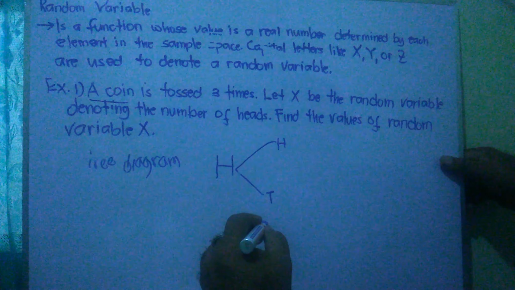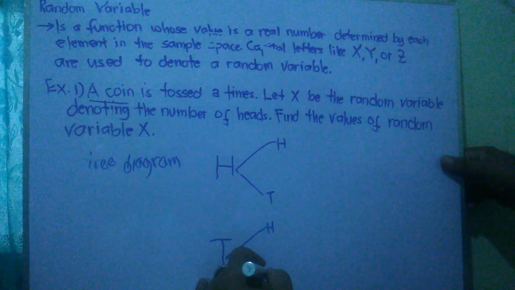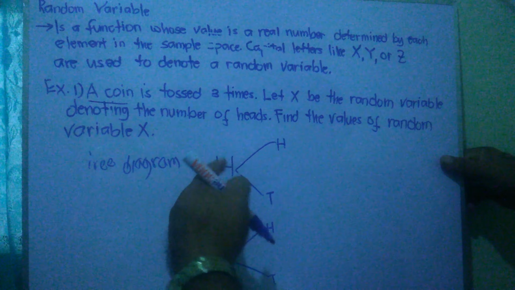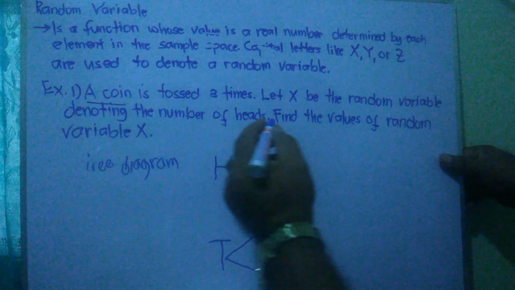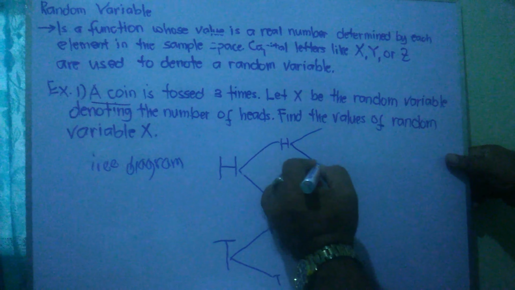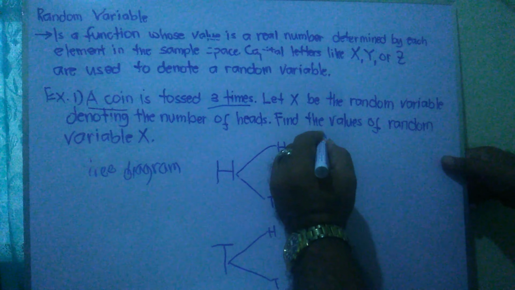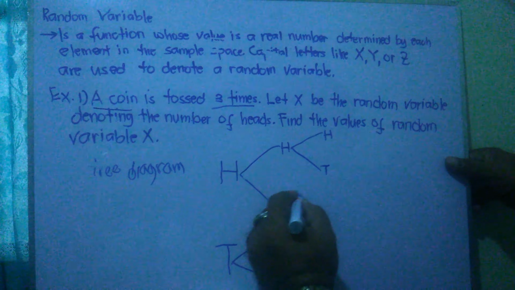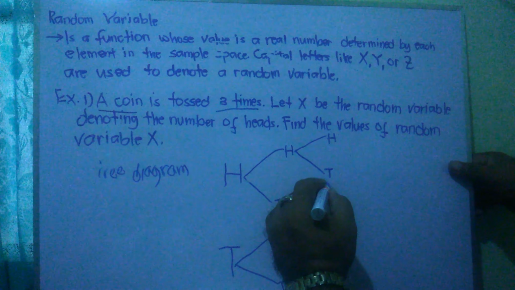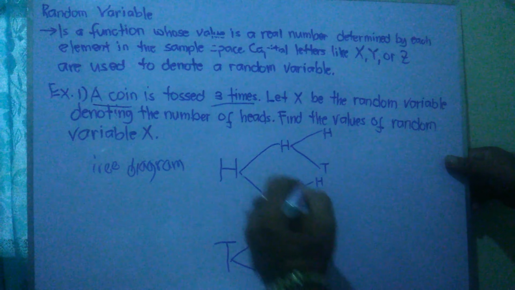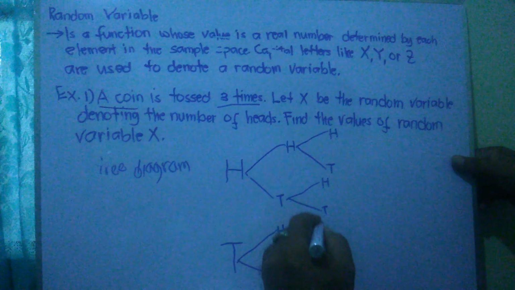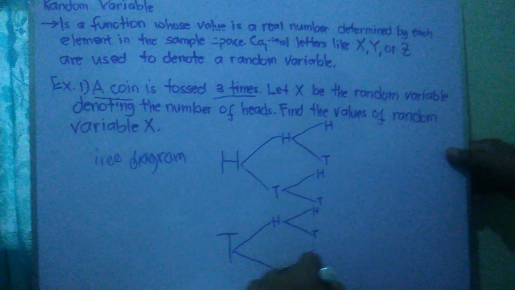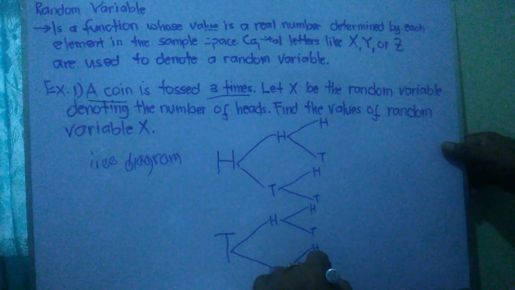Then the third toss, because it is three times, the possible values are again head and tail, at each branch.